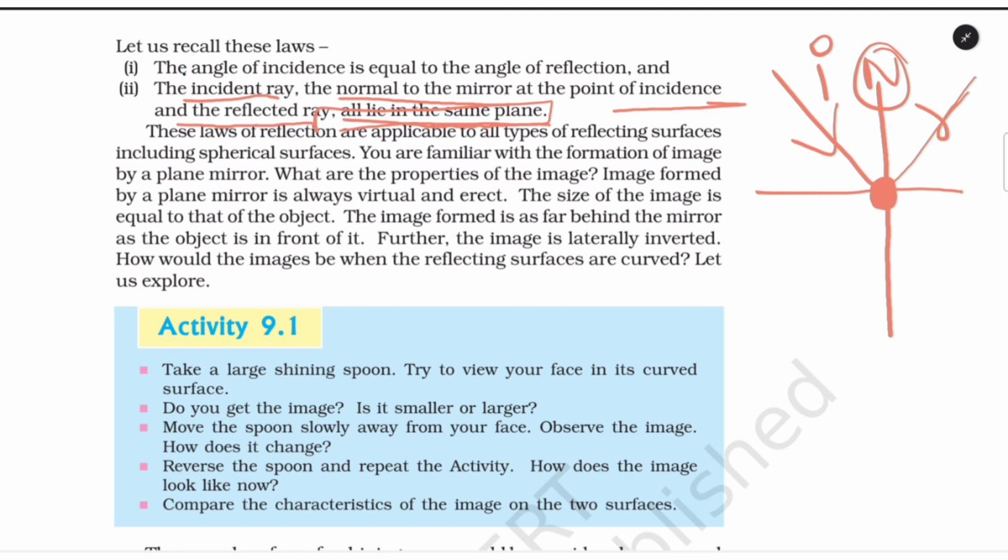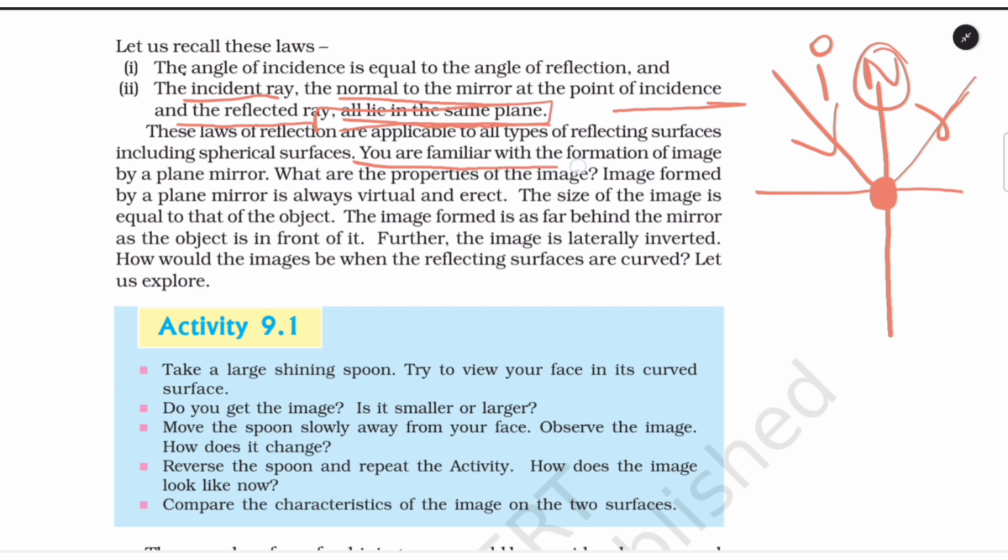First one is the angle of incidence is equal to the angle of reflection, and the incident ray, the normal to the mirror at the point of incidence, and the reflected ray all lie in the same plane. These are very important laws. These laws of reflection are applicable to all types of reflecting surfaces, including spherical surfaces.